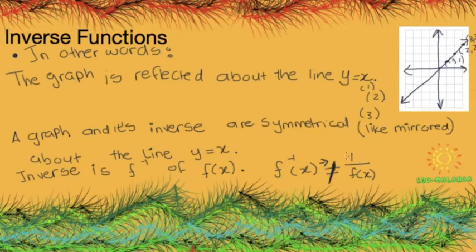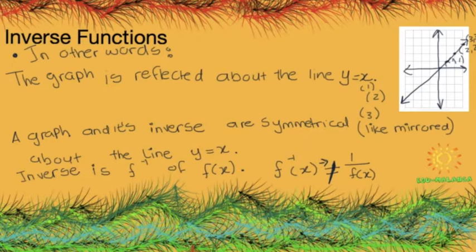Okay, so with this said, that f to the negative 1 is not the same as 1 over f(x), we need to recap what the summary of an inverse function is.